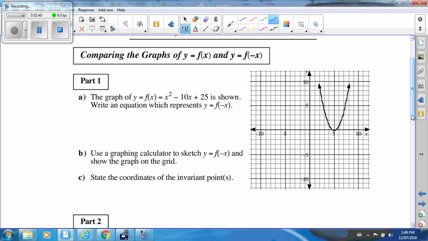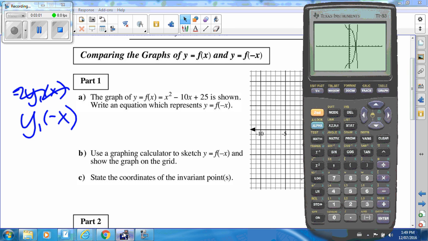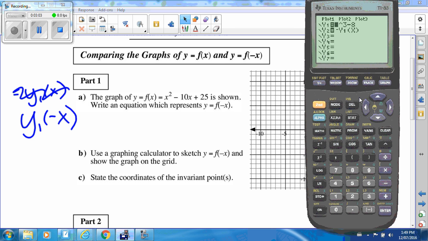Same thing here, except now instead of negative y1 at x, it's just going to be y1 at negative x. So I'll show you the first one here on my calculator, and then I will just trust that you can do the rest of these yourself.